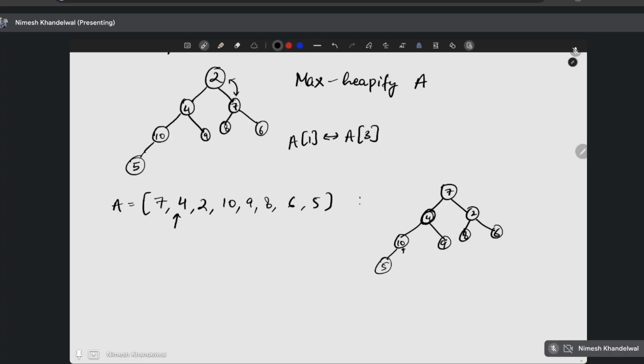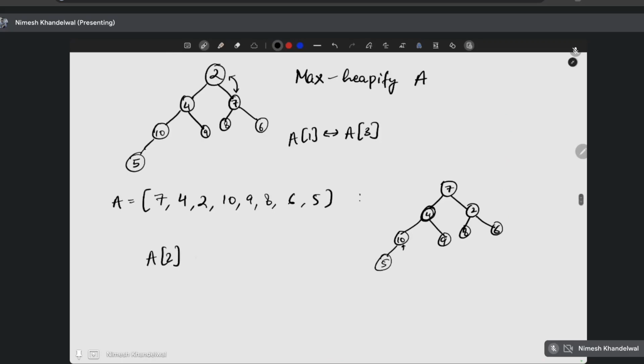Right, so we replace A of 2 with A of 4.